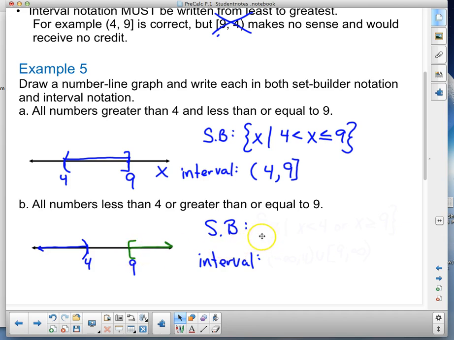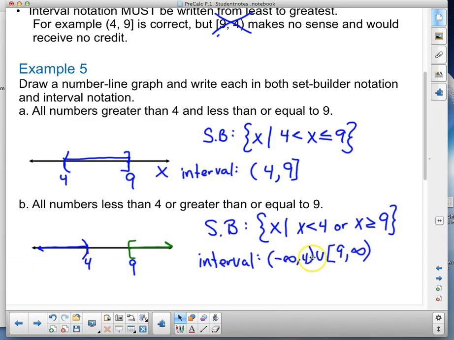In set builder notation, that is the set of all x such that x is less than 4 or x is greater than or equal to 9. In interval notation, remember, I have negative infinity, an unbounded open interval, negative infinity to 4. And then I have a union of a closed unbounded interval from 9 to infinity.